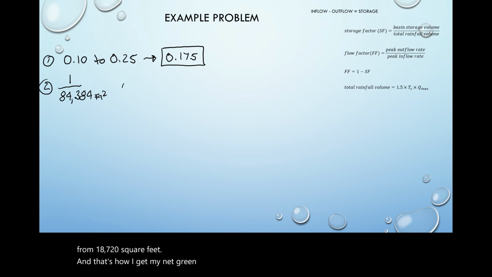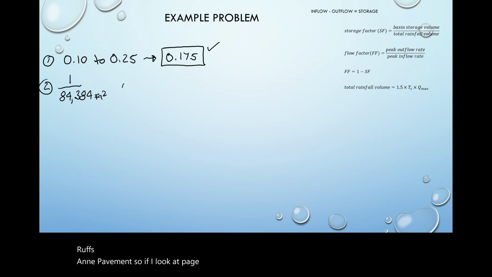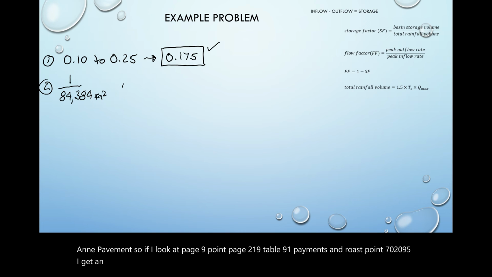Okay, so I know my green area coefficient is 0.175. For my roofs and pavement, if I look at page 219, table 9.1, pavements and roofs are 0.70 to 0.95, and I get an average of 0.825.